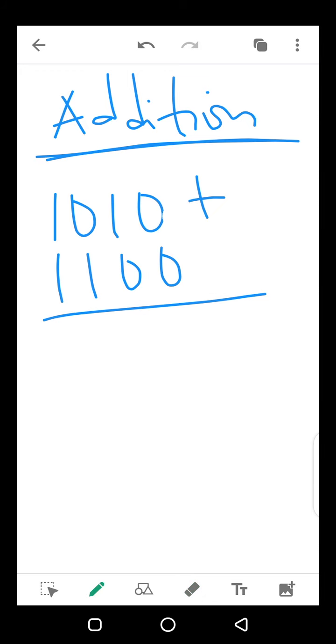Now watch. 0 plus 0 is 0. 1 plus 0 is 1. 0 plus 1 is 1. Then 1 plus 1 is 2. But in base 2, the highest number is 1.